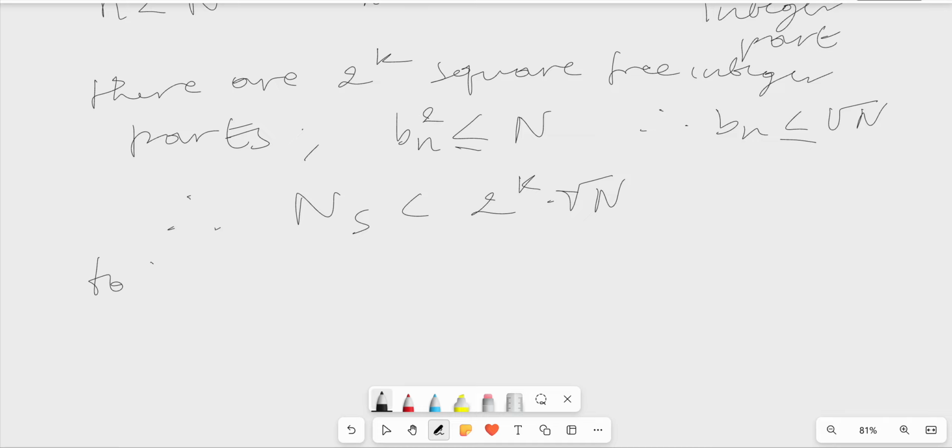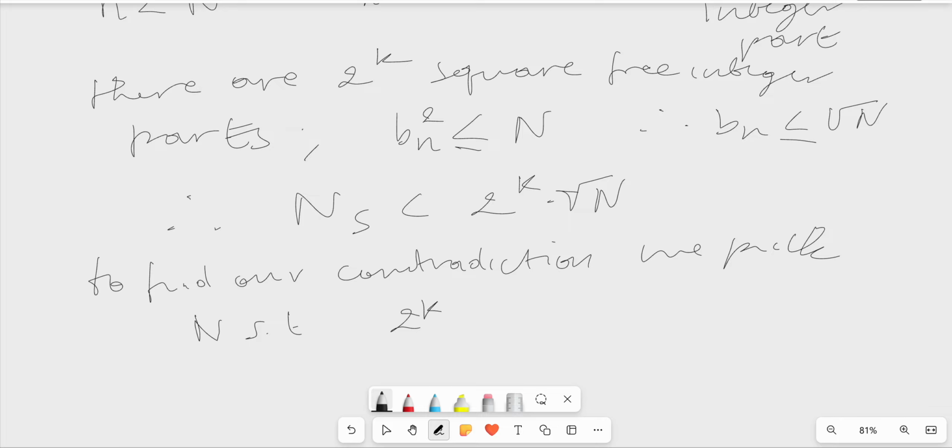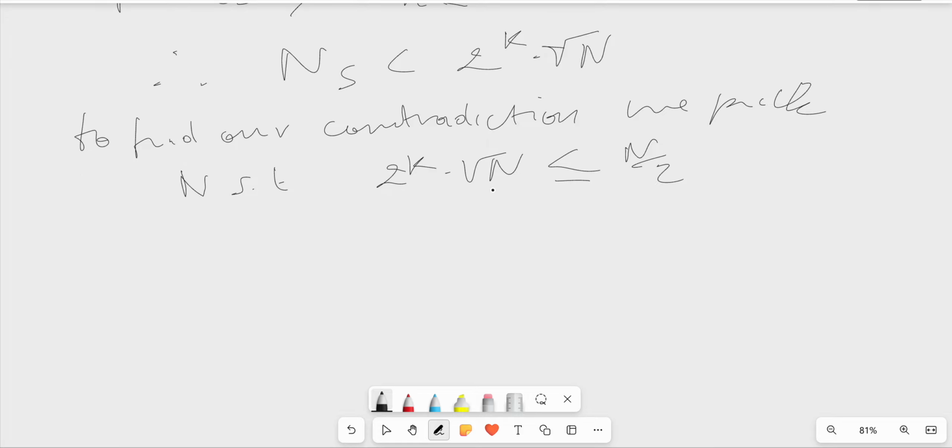To find our contradiction, we pick n such that 2 to the k times square root of n is less than n over 2. As long as this happens, we get our contradiction, since this is equivalent to saying n is greater than or equal to 2 to the 2k plus 2.